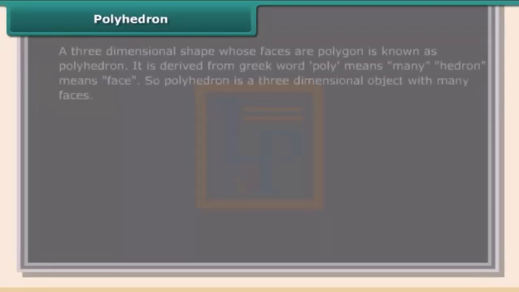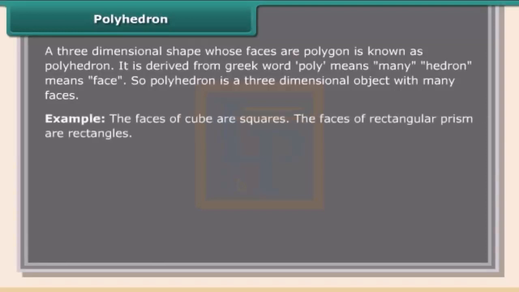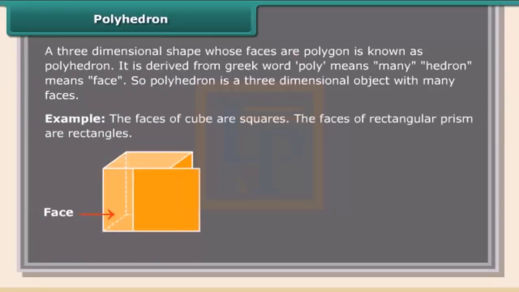Polyhedron. A three-dimensional shape whose faces are polygons is known as a polyhedron. It is derived from the Greek word, poly means many, hedron means face. So a polyhedron is a three-dimensional object with many faces. Example: the faces of a cube are squares.